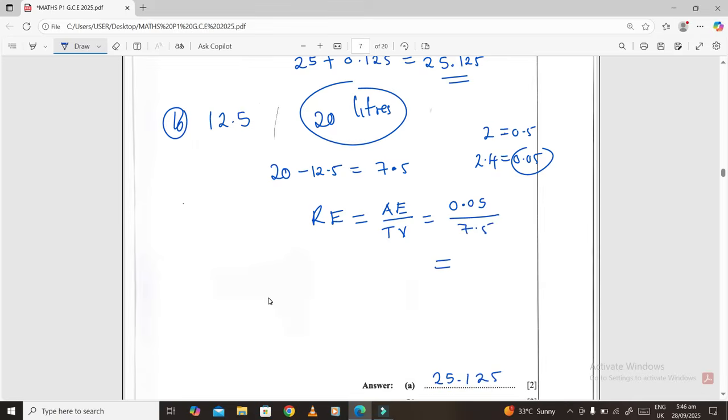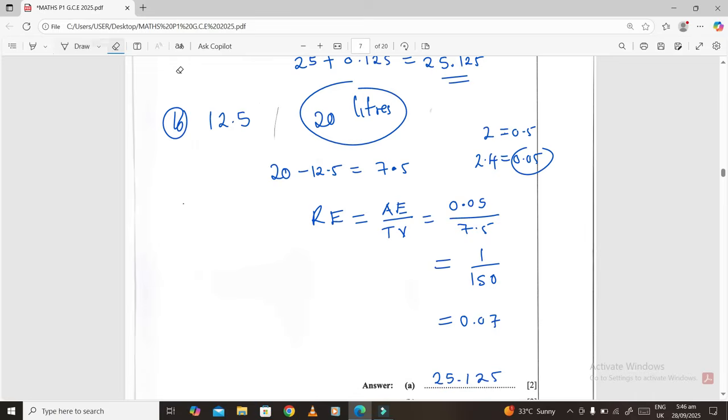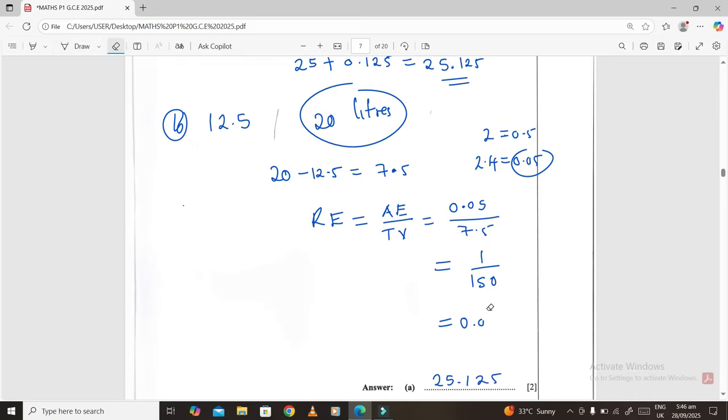When you divide here, you are going to get 1 over 150. If you want to write your answer in decimal form, it will be 0.007.